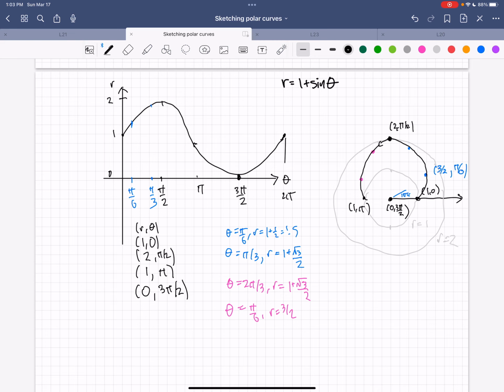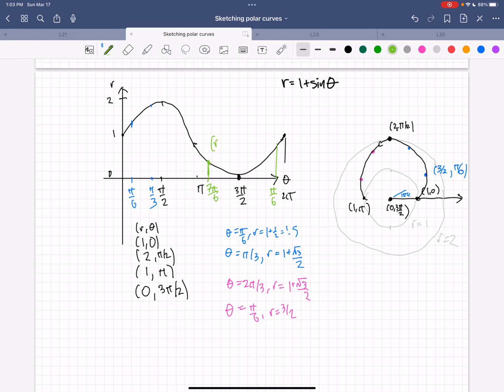Then what happens at this bottom part? Let's check some angles, like 5 pi over 6, or not 5 pi over 6, that would be 7 pi over 6. And let's also check 11 pi over 6.